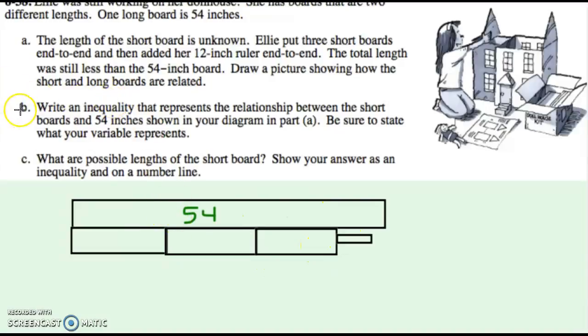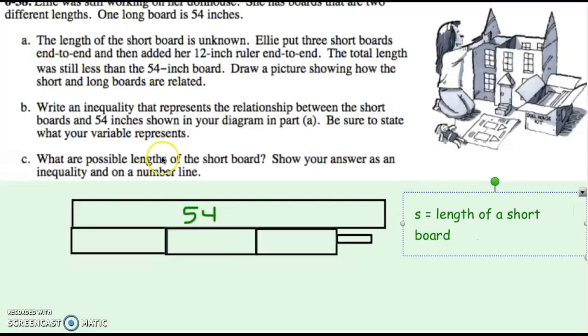B says write an inequality that represents the relationship between the short boards and 54 inches shown in your diagram in part A. Be sure to state what your variable represents. So for this, let's do S is equal to the length of a short board, and that can be our variable.